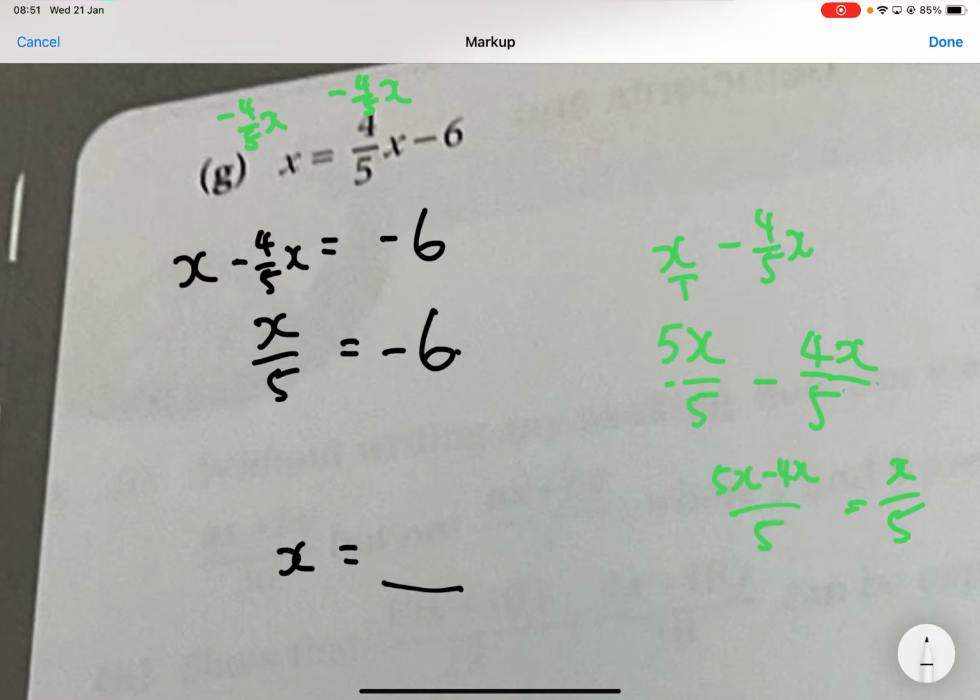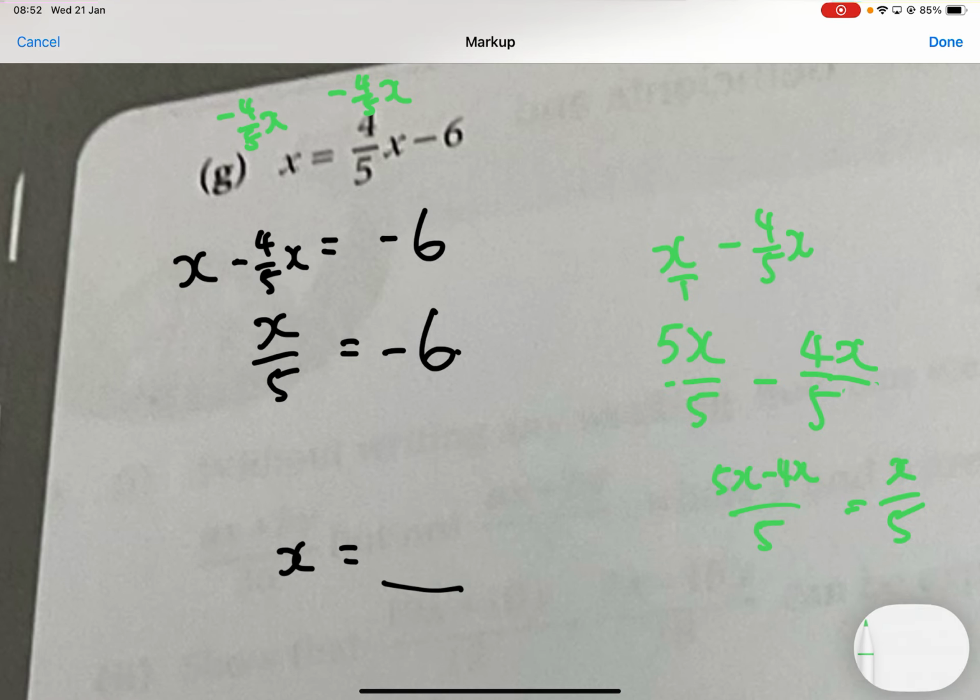How can I make my left hand side become x? Now it's x divided by 5. I want 1x. How can I cancel away this 5? Amira, how can I cancel away this 5? Times 5, very good.